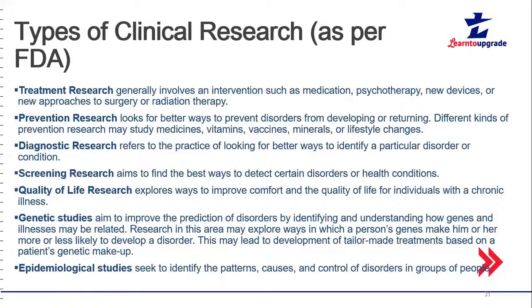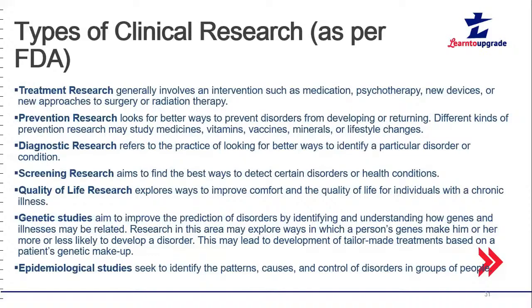You go into the laboratory, you identify certain molecules that, when you put them in the test tube, show whether the disorder is there or not. So you try to find those agents or molecules which can identify the disorders. That research is related to diagnostic research.